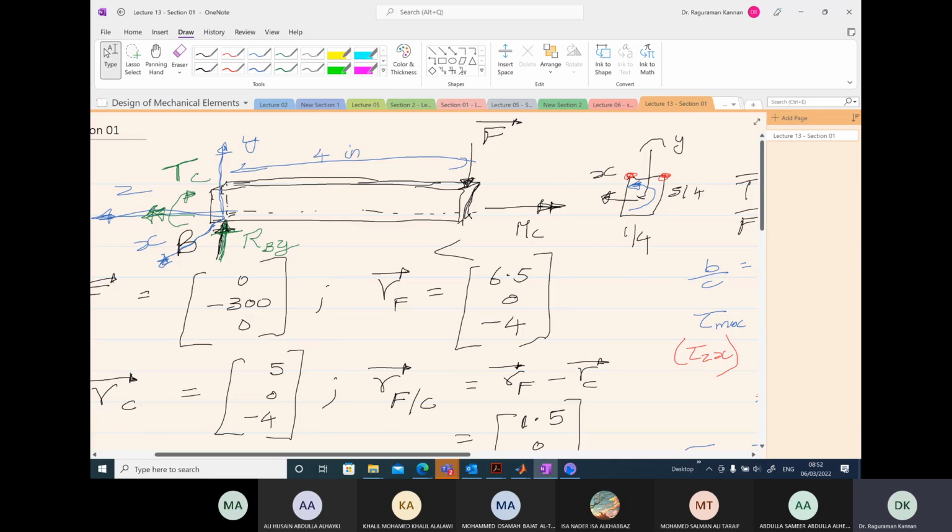So we selected a point on the top. Since we have the torque in the negative z direction, at any point here, it is in the positive x direction.